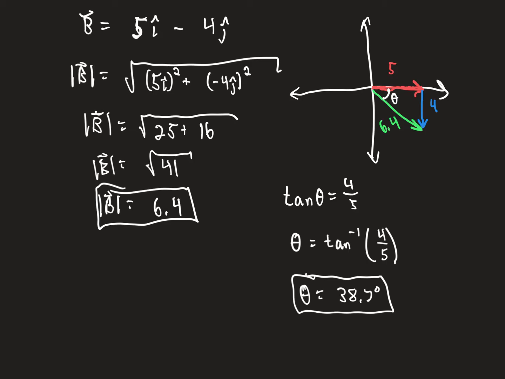Okay, any questions on that? So that is a complete answer to what is the magnitude and direction of this vector. What if I gave you a 3-dimensional vector? How do you show the direction of a 3-dimensional vector? Any guesses?